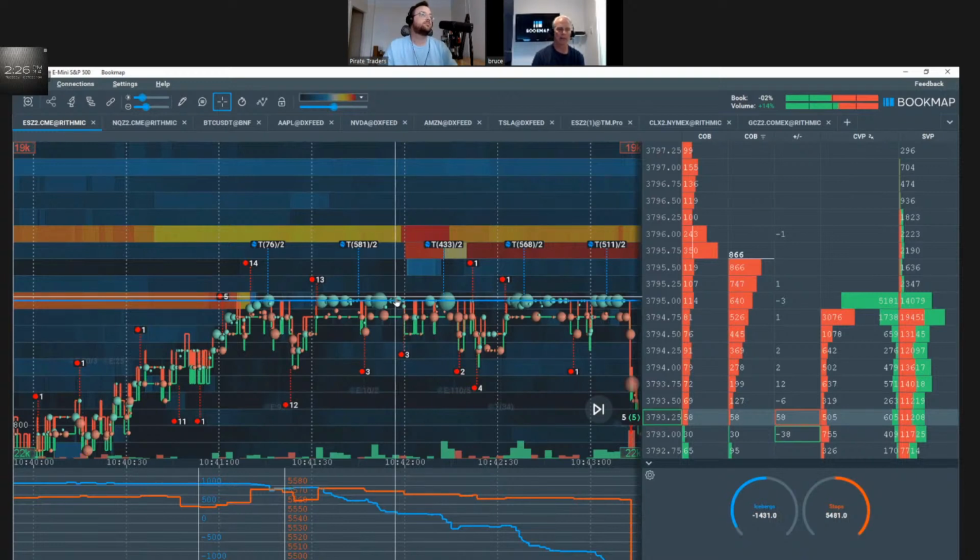So I'll use an iceberg order. My 1,000 lot will remain at that price level, but I do need to send something to the order book. Maybe it's 10, maybe it's 100, a portion of it.